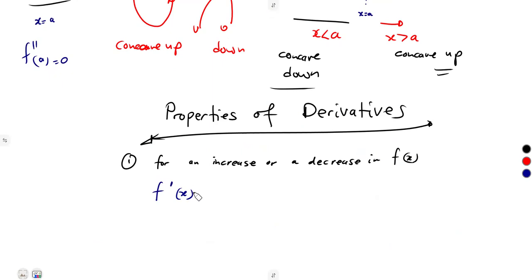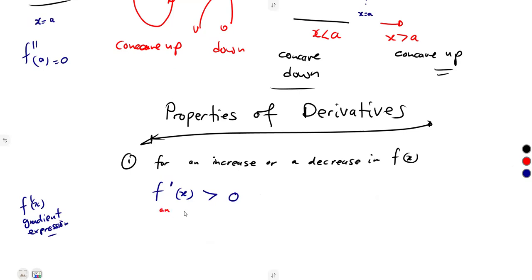So if the first derivative with respect to x is greater than 0, that's an increase. Remember, the first derivative represents the gradient expression. So when you are given the positive, it means there's a positive gradient for those values. That's an increase in f of x.